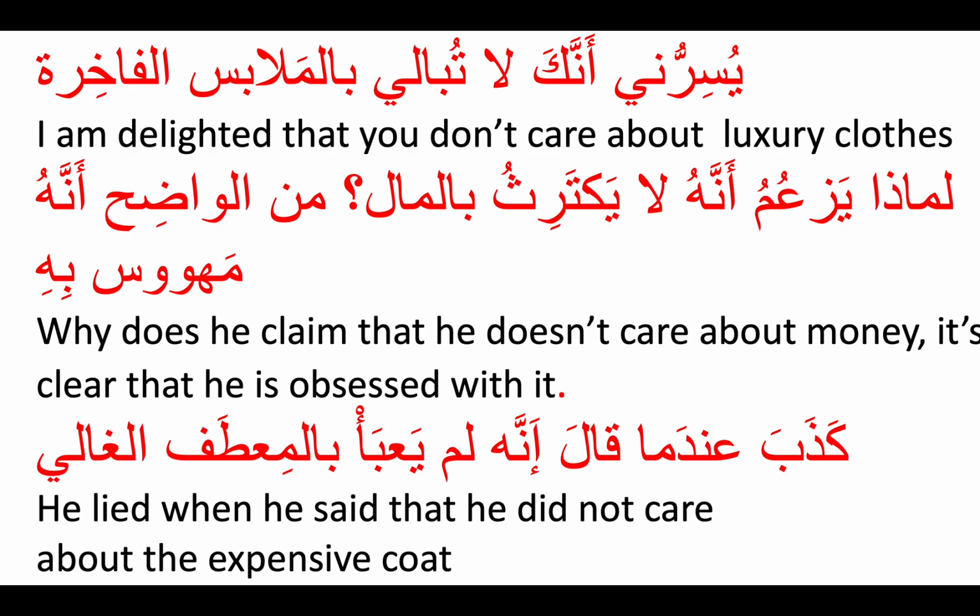Be, about. مال, money. من الواضح, واضح means it's clear that he أنه مهووس, obsessed with, the preposition be referring to the male, which is masculine singular, so it's به, okay, referring to the male.